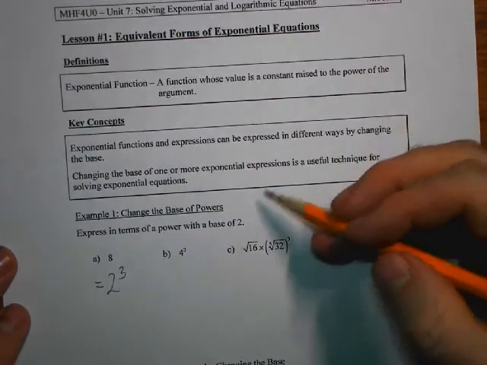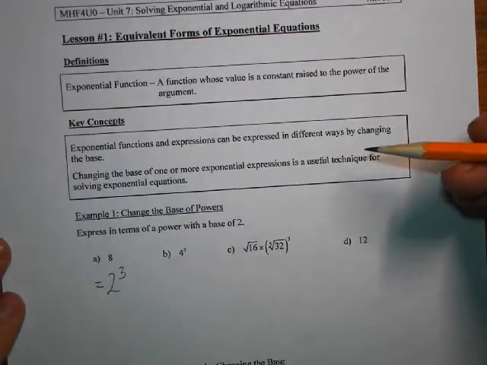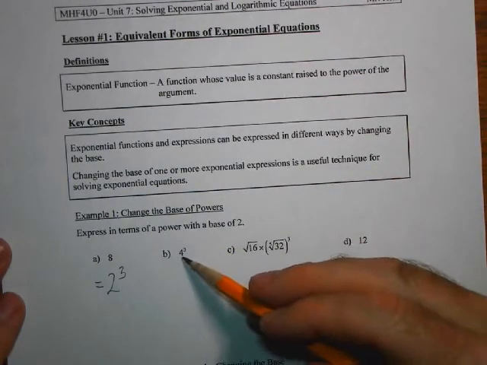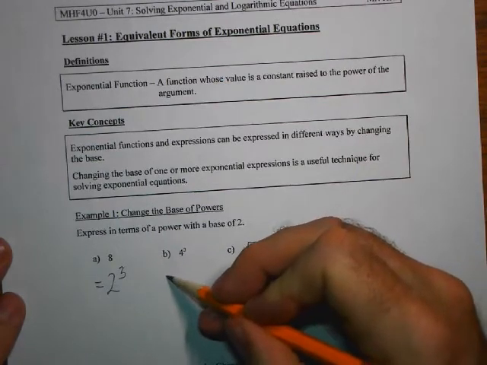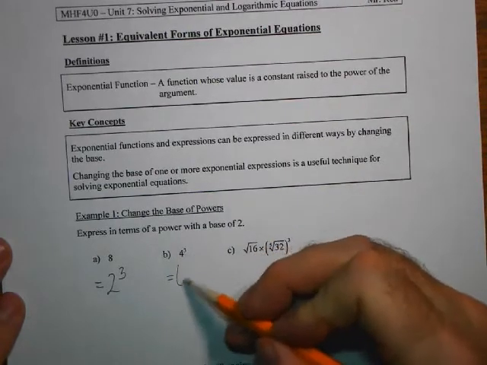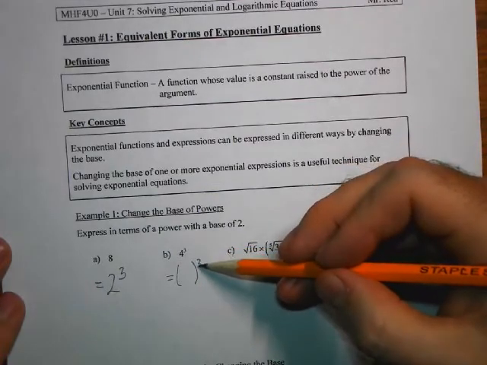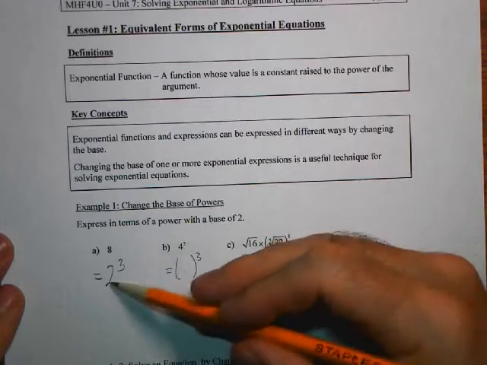Here we have 4 cubed. That's not a power of 2, obviously, but I can change the base to become a power of 2. I'll keep the cube exponent out here, and I'm going to change the base to a power of 2.